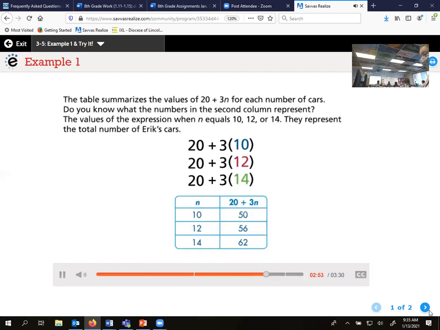The table summarizes the values of 20 plus 3n for each number of cars. Do you know what the numbers in the second column represent? The values of the expression when n equals 10, 12, or 14. They represent the total number of Eric's cars.